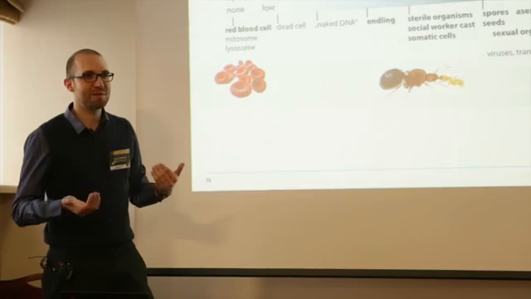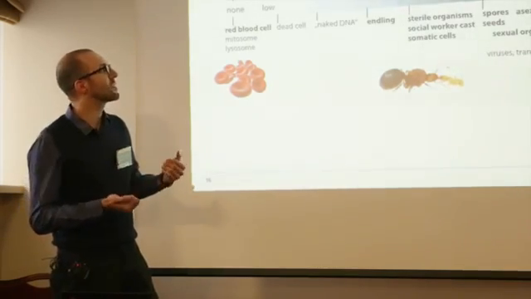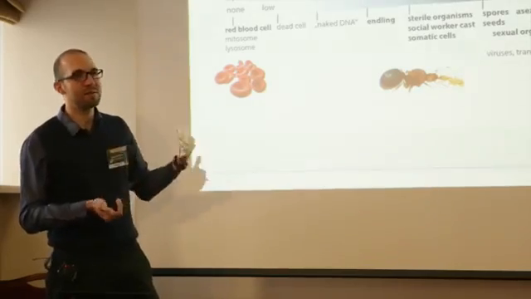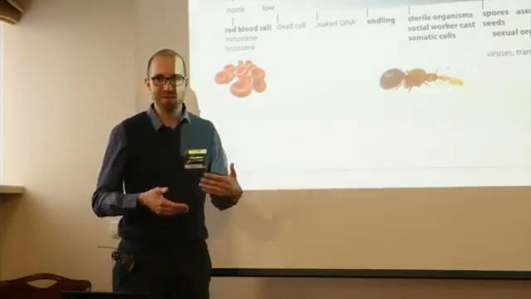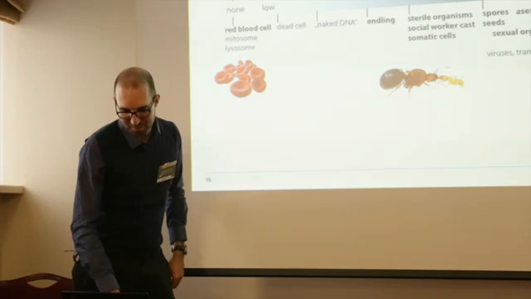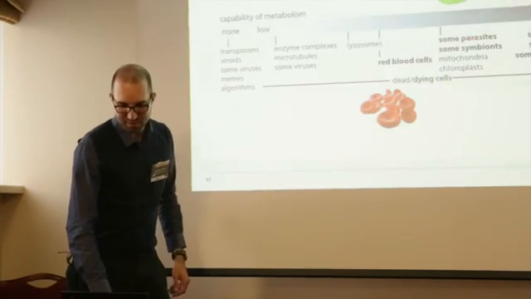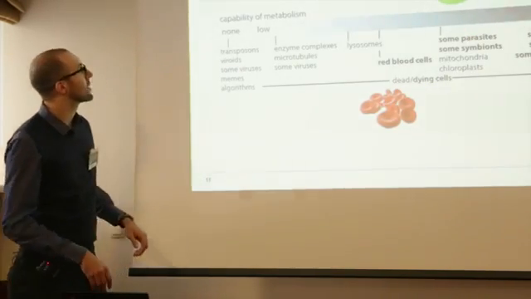There you don't have any capability of evolution in a direct way, but you still could, of course, by artificial methods or by taking out some cells, gain some degree of evolution. Naked DNA can be taken up by a cell, integrated, and then is also capable of further evolving. So it is more and more a gradual and continuous thing.